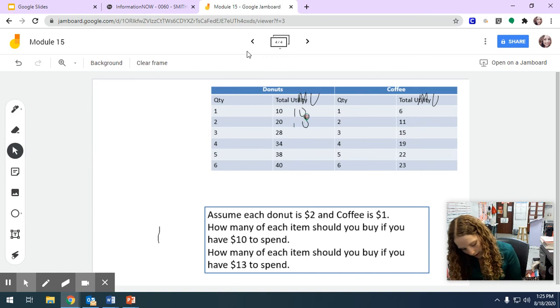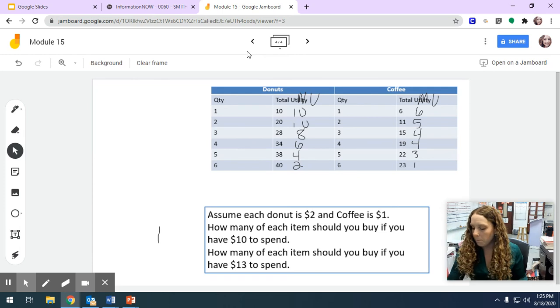Then we have 8, 6, 4, and 2. Over here, be 6, then 5, then 4, and then 4 again, and 3, and 1. Okay. Just making sure I'm right. Never hurts to double check.